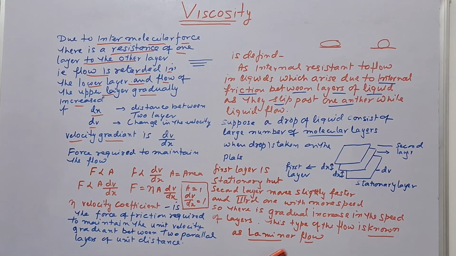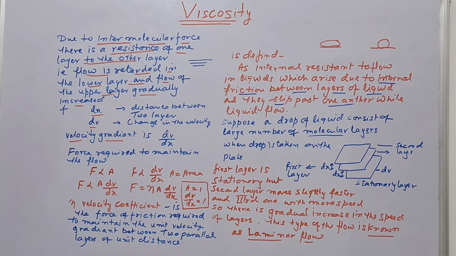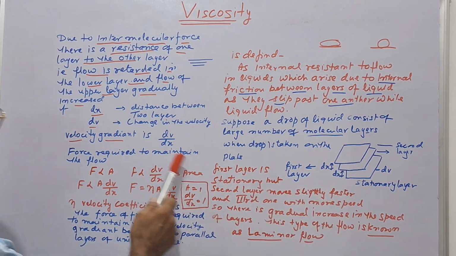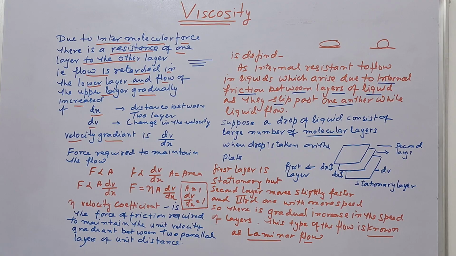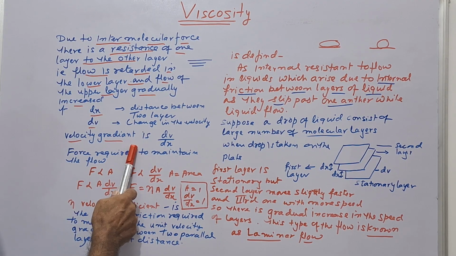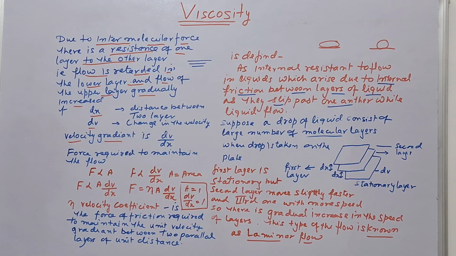Now suppose the distance between the two layers is dx and the change in velocity between the two layers is dv, then the velocity gradient is dv upon dx, that is, change in velocity per distance.